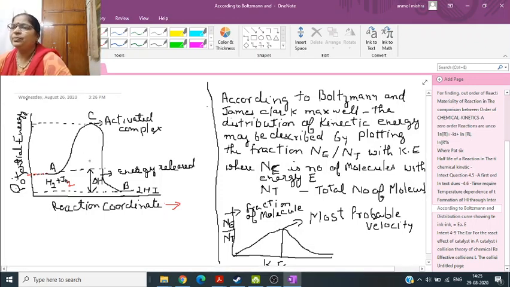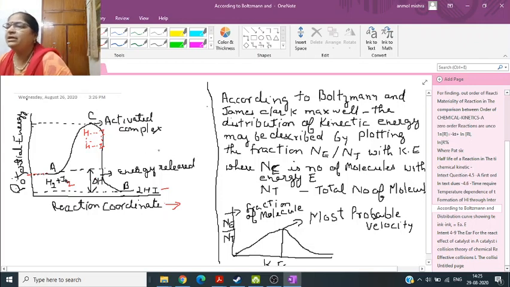This is the activated complex, and C is the activation energy required. So this much energy is already present with the reactants, and this is the extra energy gained to become an activated complex. When they get converted into product, this energy is released, which is denoted by delta H.